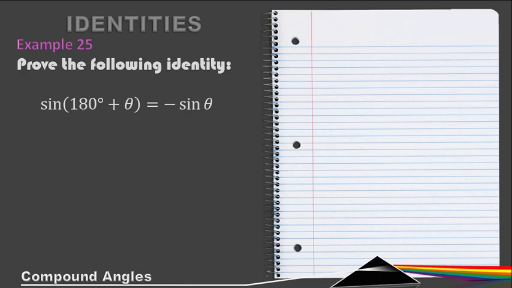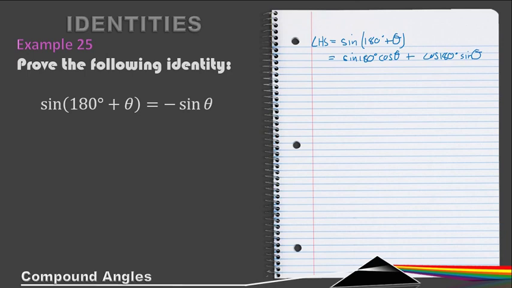Since we have two angles inside here, we can expand it with compound angles and see if we get to this. So we start with the left hand side, and we have sine 180 plus theta, and then we expand it. We have sine 180 cos theta plus cos 180 sine theta.